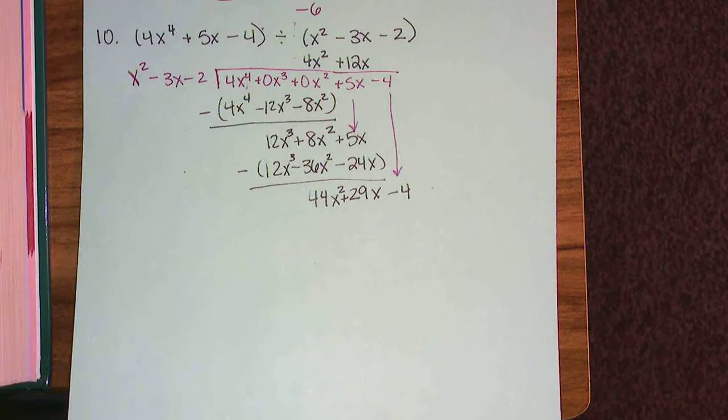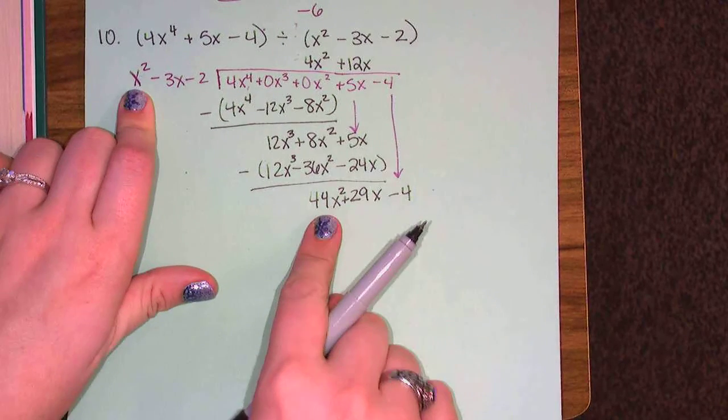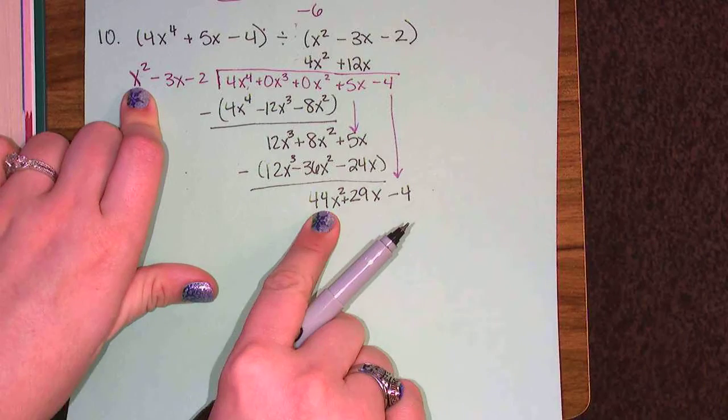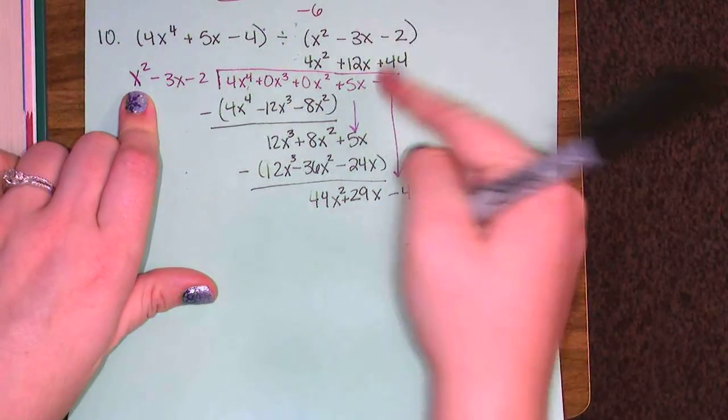Now I need to figure out what I am multiplying x squared by to get 44x squared. I'm going to multiply by 44. So that's going over the top of the negative 4.